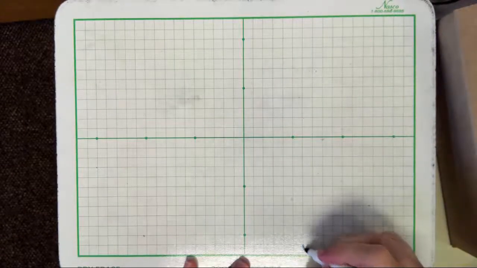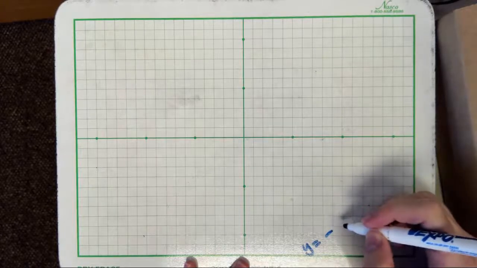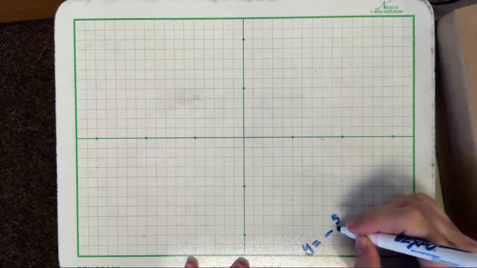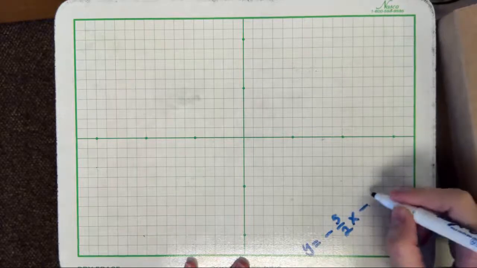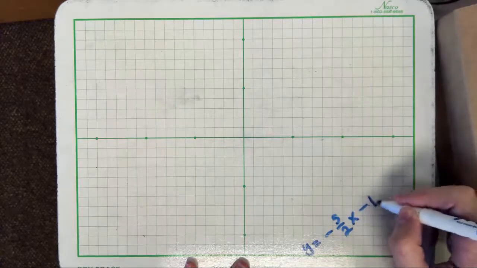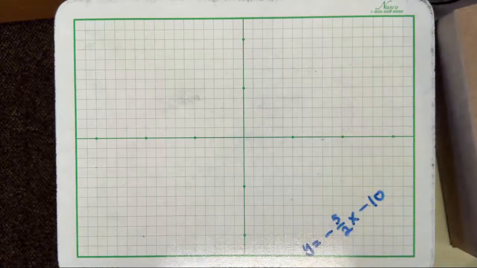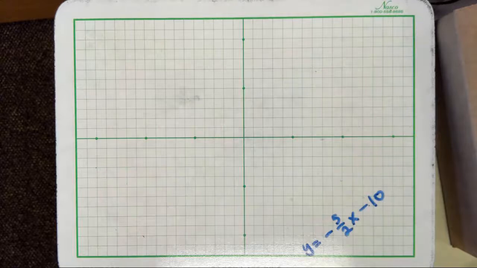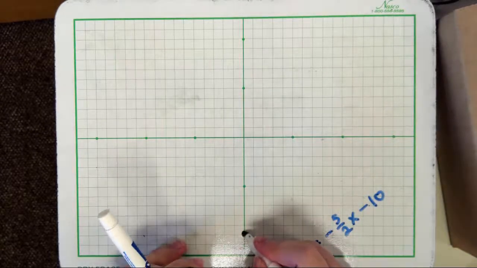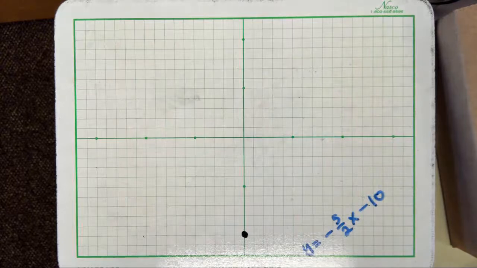What if we have y equals negative 5 over 2x, and let's do a negative y-intercept also. Let's do negative 10. So we always put our y-intercept on the y-axis, which is our up and down axis. So I'm going to go down to negative 10 and put a dot for my y-intercept.